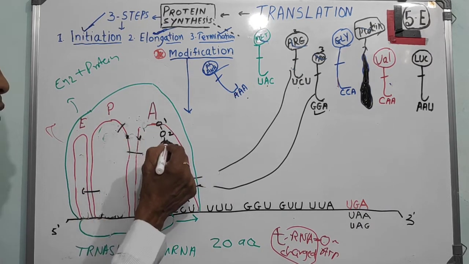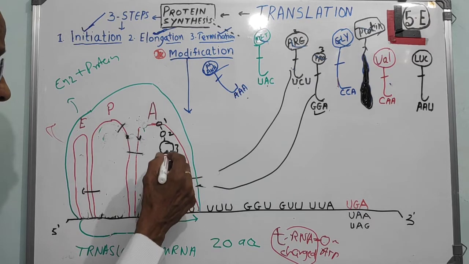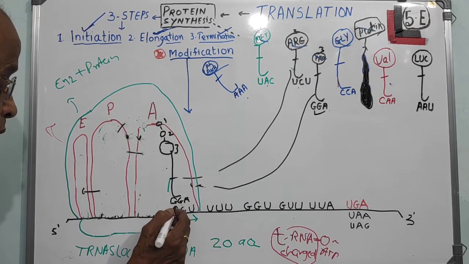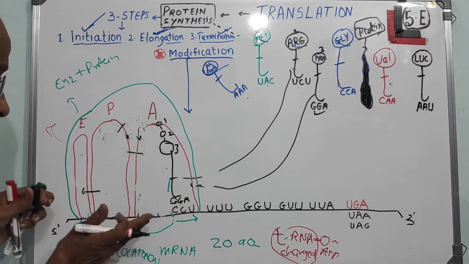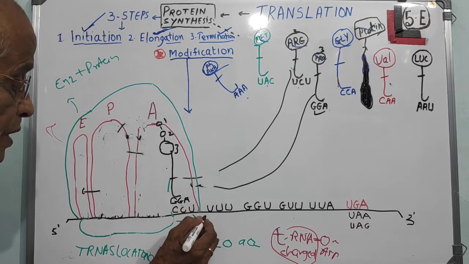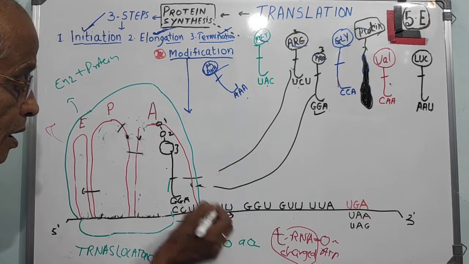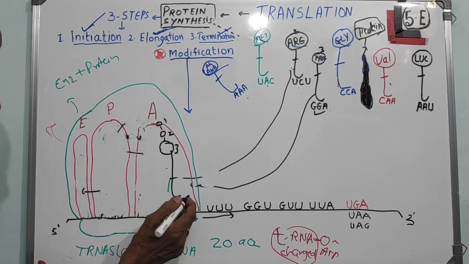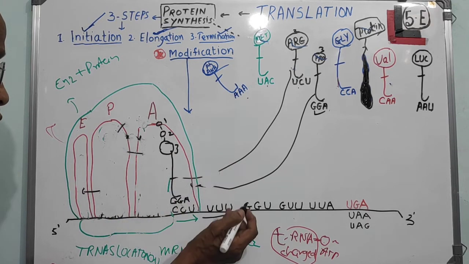So now 1, 2, 3 amino acids are added, and the entire thing moves to the next level. As it moves, this particular site also moves now.